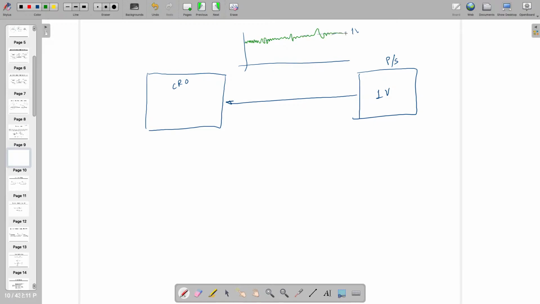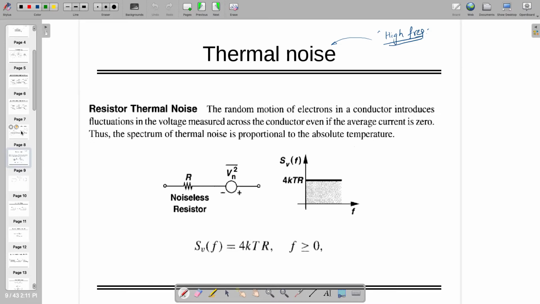This is high frequency noise, and it is happening because there is a resistance, and that resistance has random motion of electrons, which introduces fluctuations in the voltage. This is the standard definition. If you are seeing a resistance anywhere, that is going to give you thermal noise for sure, and you cannot avoid it.